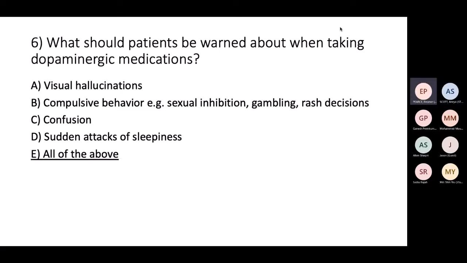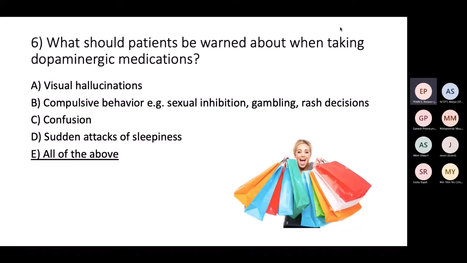Great, guys. So yeah, indeed, it's all of the above. So in med school, people tend to tell you about the compulsive behaviour, which, yes, it's very true. You need to warn people about that, but it can actually cause all of those symptoms. And so it's important to counsel patients before they start taking those.